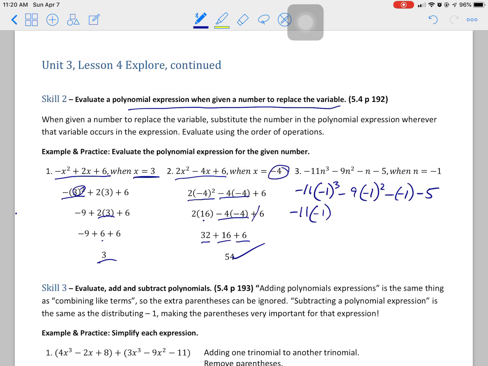Negative 1 times negative 1 times negative 1 is a negative 1. Negative 1 times negative 1 is a 1. And a negative 1 times a negative 1 is a 1, minus 5. Okay. Negative times negative is a positive. Negative times 1 is a negative. Plus 1 minus 5. Add that all up. We have negative 14 and a positive 12, so a negative 2.